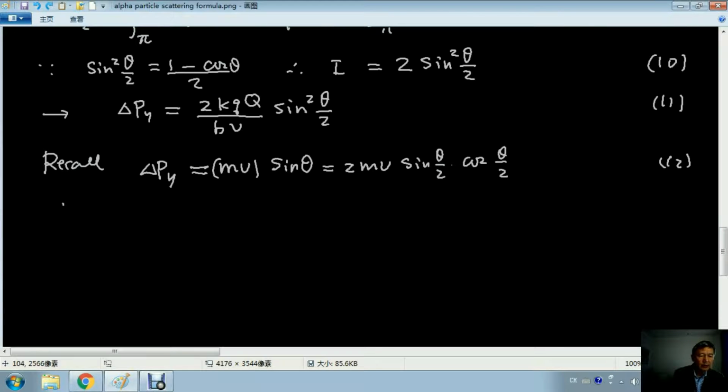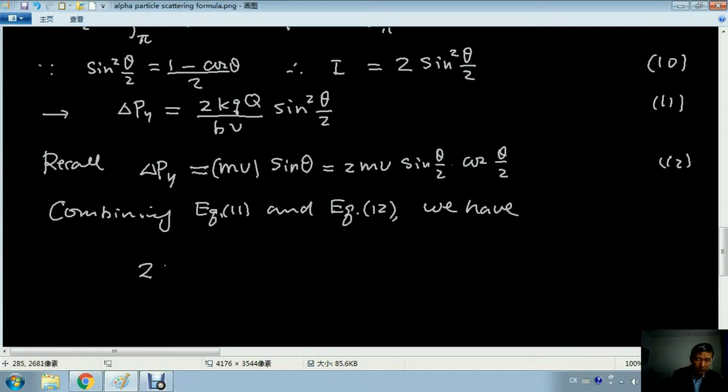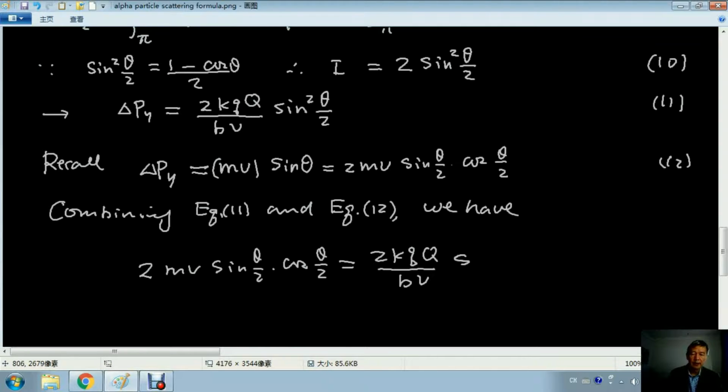So finally, combining equation 11 and equation 12, we have 2mv times sine half theta times cosine half theta must be equal to this side, which is 2kqQ divided by b times v and sine square half theta.